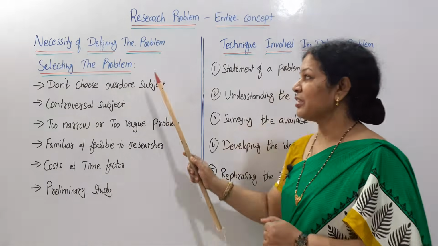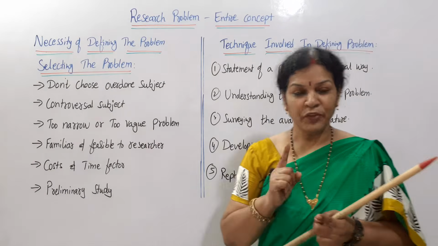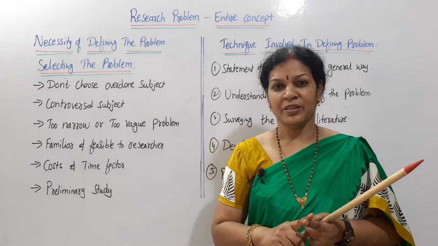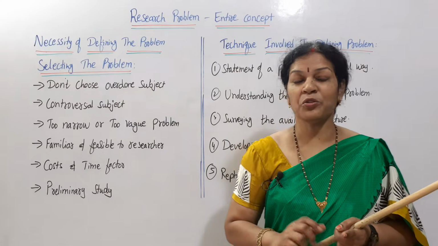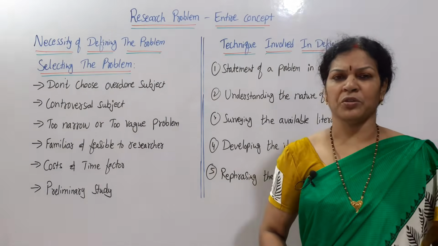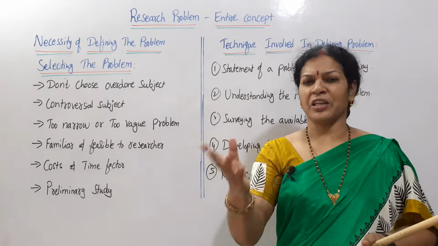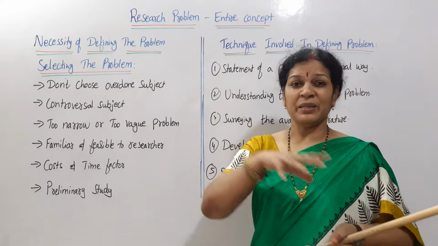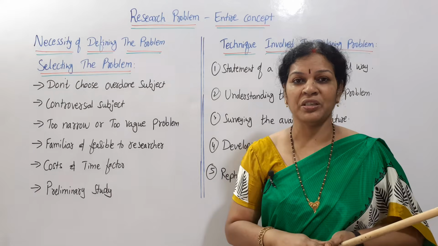Then after that it comes to selecting the problem. How to select the problem? Before selecting any problem, you have to consider a few points. What are those points? First thing is that don't choose an overdone subject. An overdone subject means research on it has already been done by somebody. If you choose the same kind of topic, the same kind of subject, there is no use in doing research.